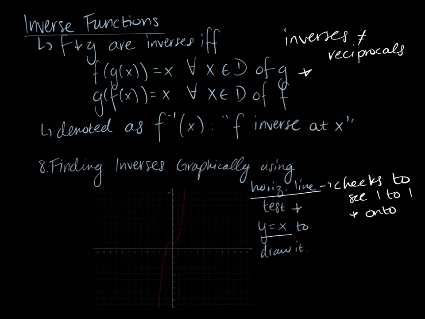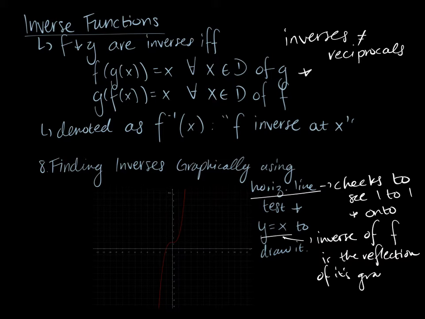And then y equals x is going to become important because the inverse of f is the reflection of its graph across y equals x. Okay, so if we don't know the equation, we don't have to worry.